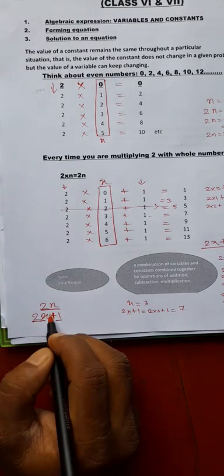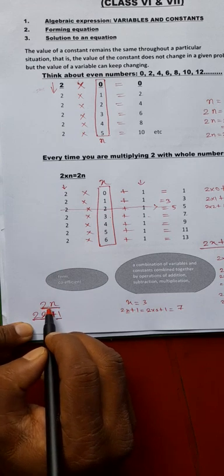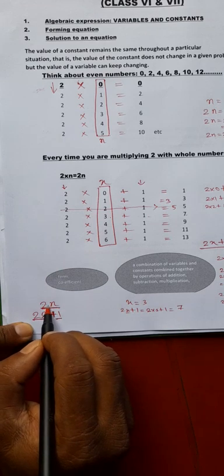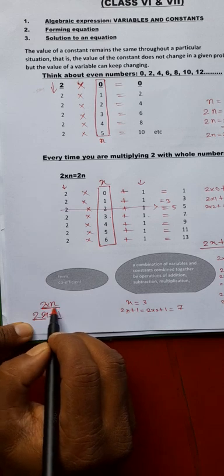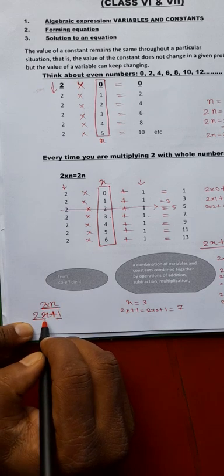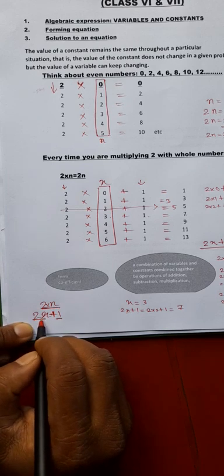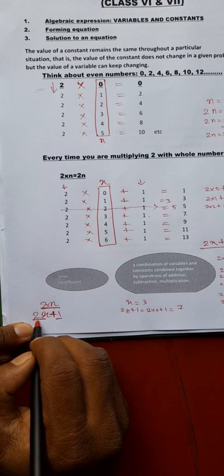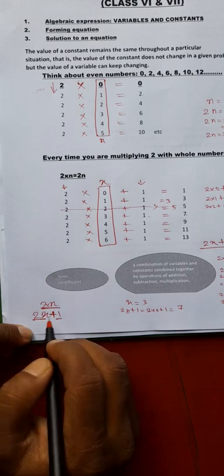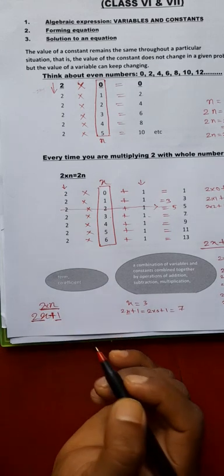Now here, 2 is called the coefficient. In this algebraic expression, 2 is called the coefficient. 2 multiplied by n, twice n. Whereas n is the variable, here x is the variable, and 2 is called the coefficient of x. It means the term multiplied with the variable x is called the coefficient. The coefficient is written in front.